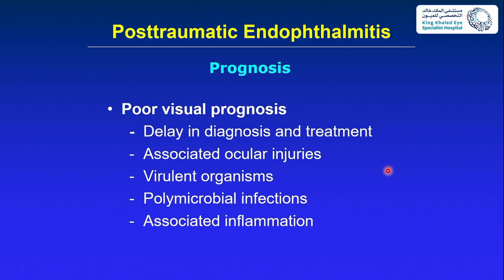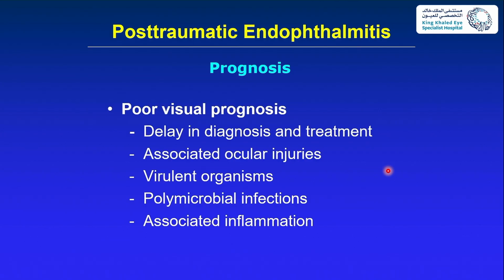So for us, if we repair an open globe injury and we see that the inflammation is more than expected, you have to treat the case as endophthalmitis. So there is always this problem. The physician doesn't know if this inflammation is due to trauma or due to infection.